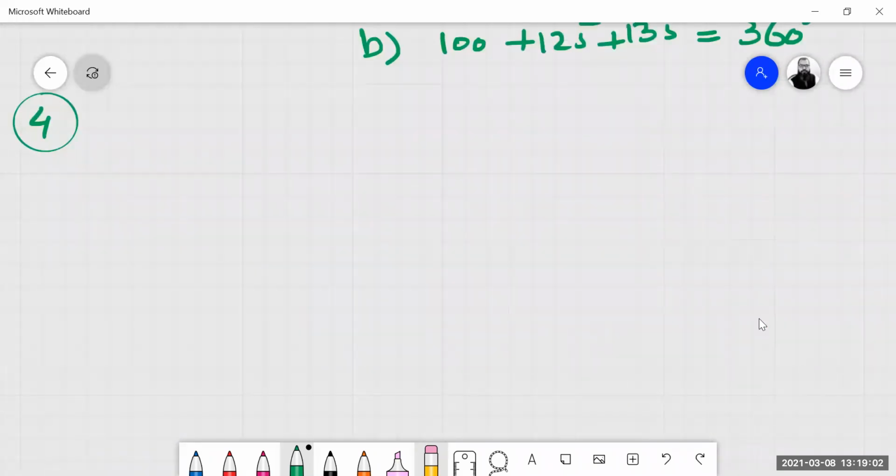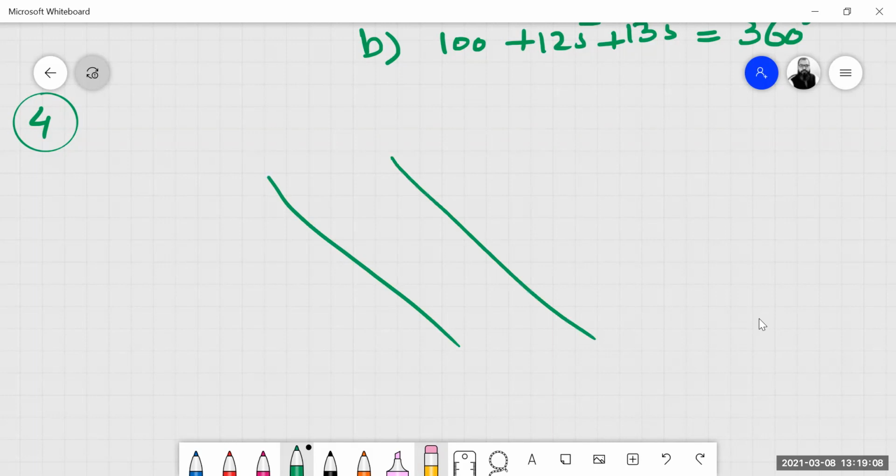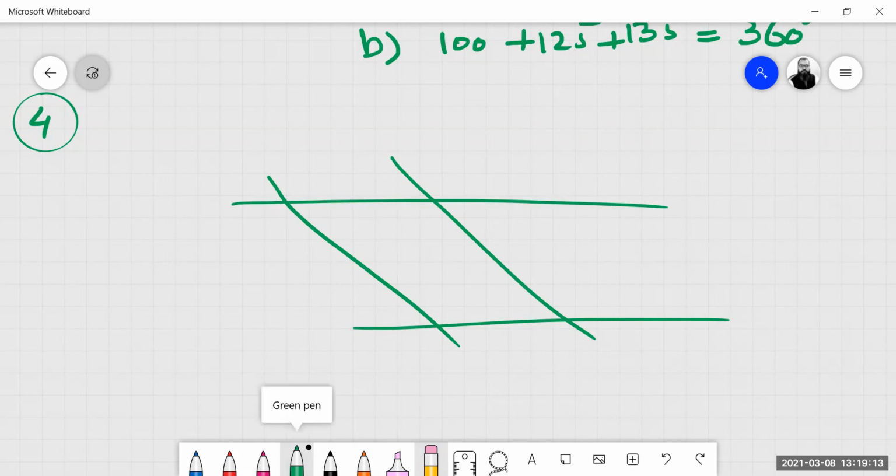Question number 4. This is a parallelogram. Now this is W. This angle is 120.